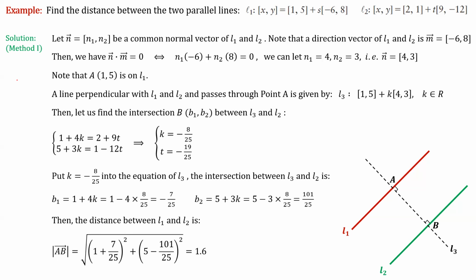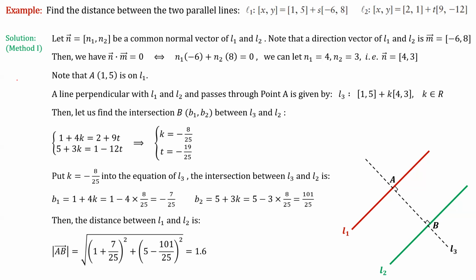And B2 is given by 5 plus 3k equals 5 minus 3 times 8 over 25, which is 101 over 25. Then the distance between L1 and L2 is actually the magnitude of vector AB, right? The magnitude of vector AB is the difference of x component squared plus the difference of y component squared, and then find the square root of this sum, which gives us 1.6.